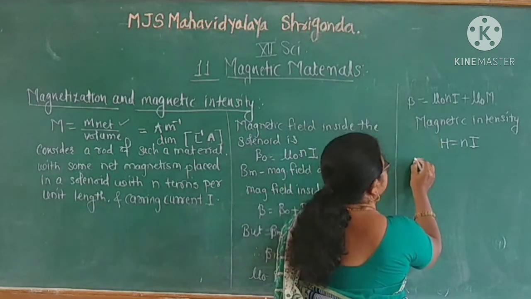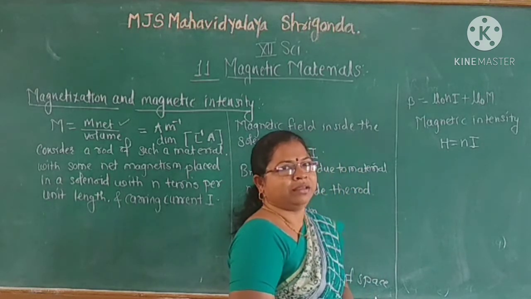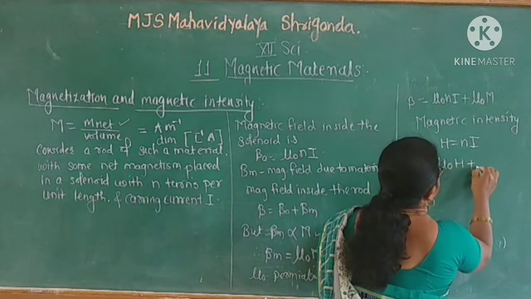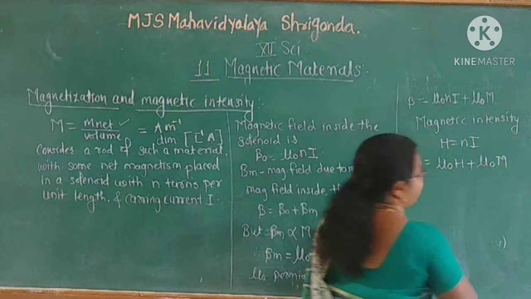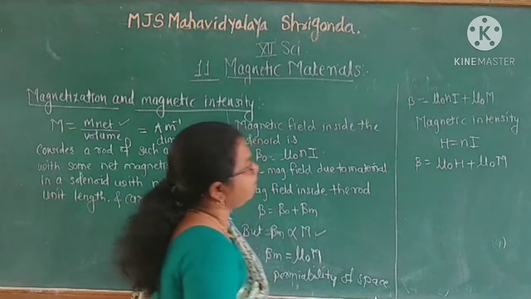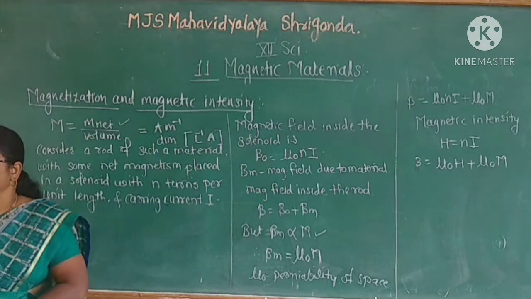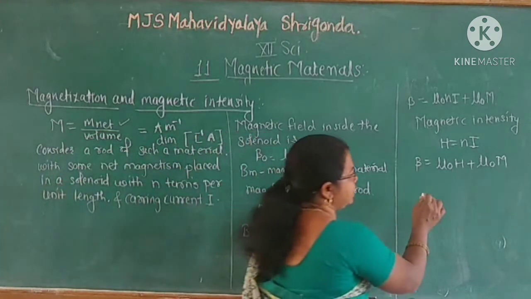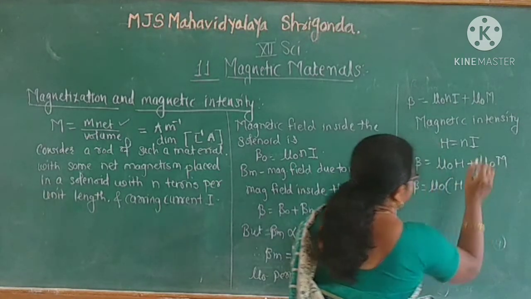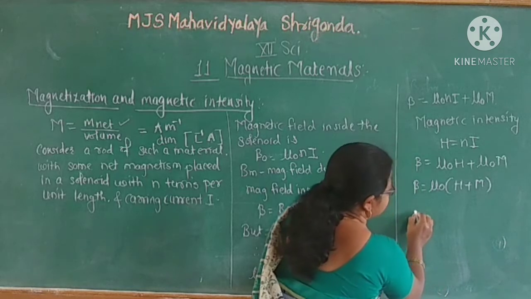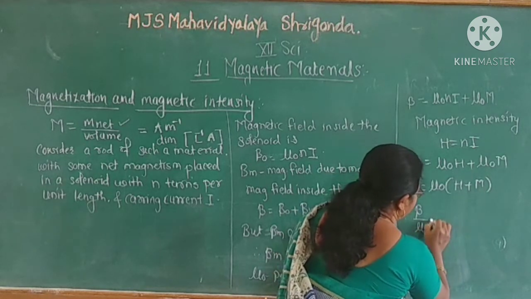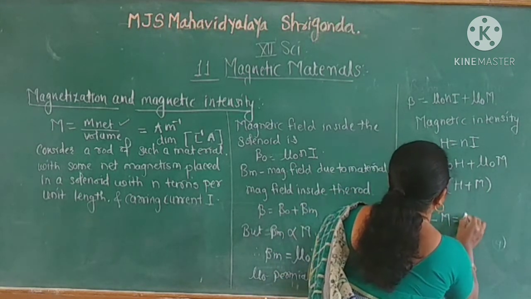Substituting this, B is equal to mu naught H plus mu naught M. Then B is equal to mu naught into bracket H plus M. Once again, we can write B divided by mu naught minus M is equal to H.